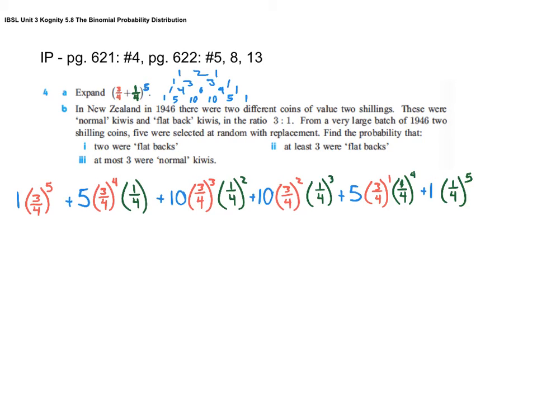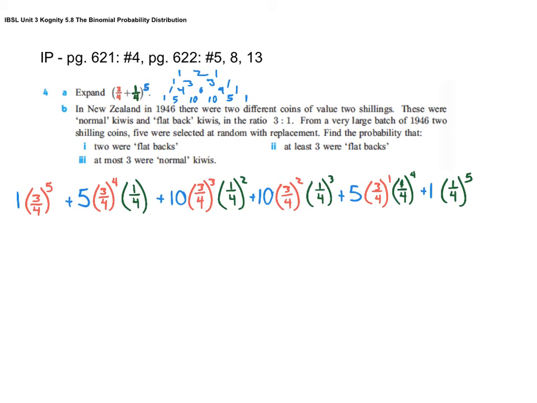All right, so it says we've picked 5 coins. That's why we raised this to the 5th power. Now, it says find the probability that 2 were flatbacks. So one of the things you've got to make sure you identify here is which part of the expansion is which.